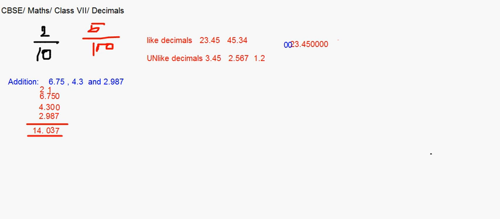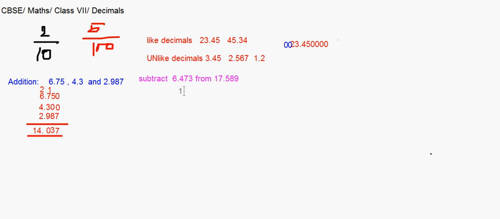Let me take up a subtraction question right down here. Subtract 6.473 from 17.589. We'll write 17.589 first because from that we have to subtract.